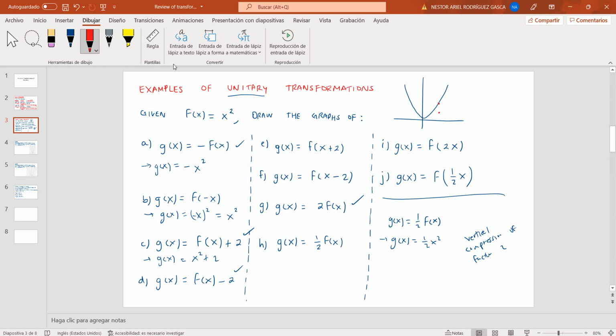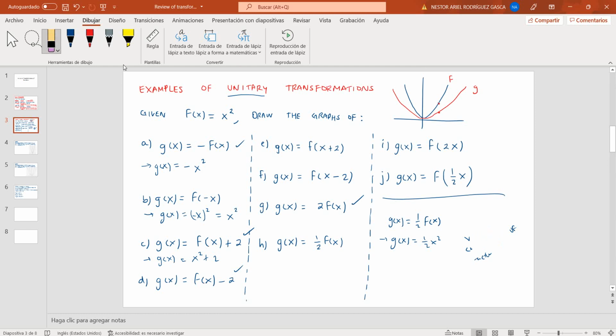And the same for each of these points. So if you took a sample of points and did the same, you're going to end up with something resembling this. So this is going to be g, the transformed function, and this will be the original function f. That's what vertical stretch of factor 2 means, and that's what a vertical compression of factor 2 means.